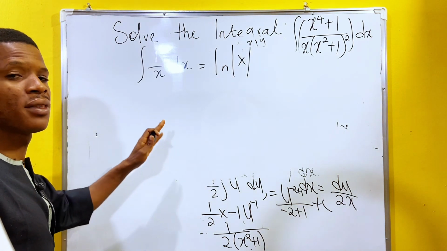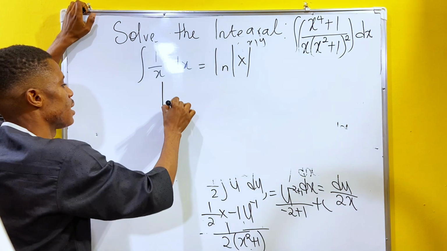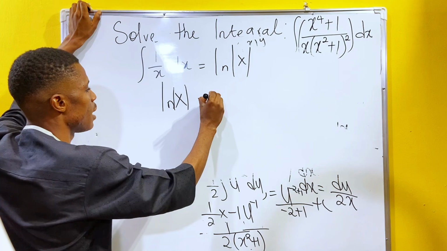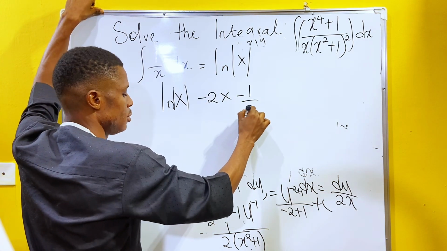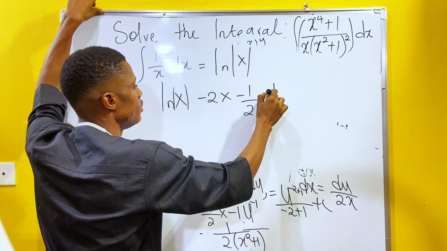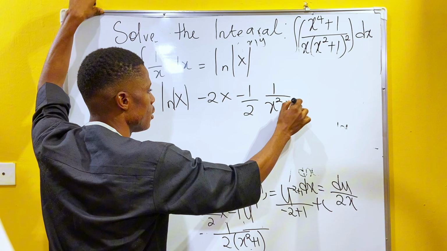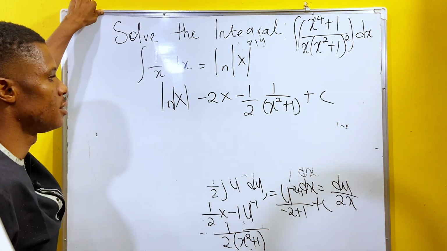So to integrate this function, the answer is ln of x. Then we factored out minus 2 times minus 1 over 2 of 1 over (x squared plus 1), then plus c, the constant of integration.